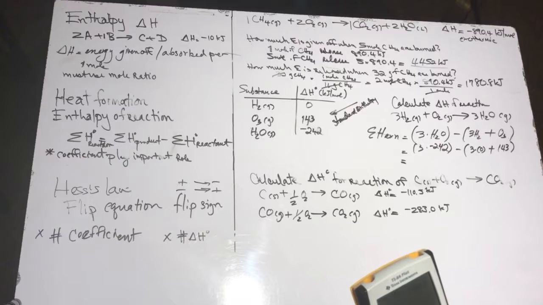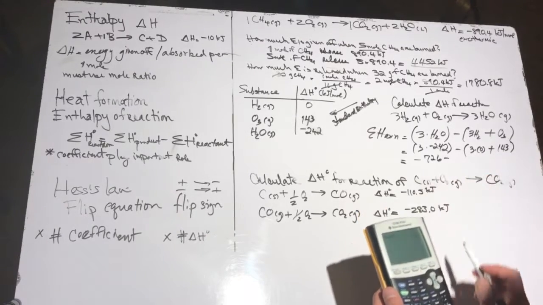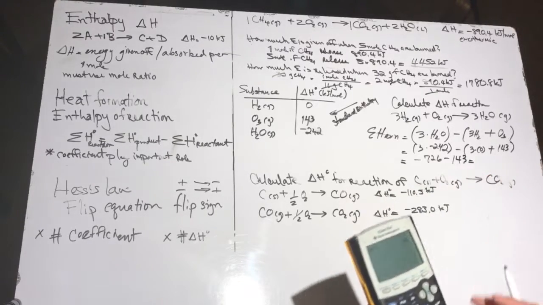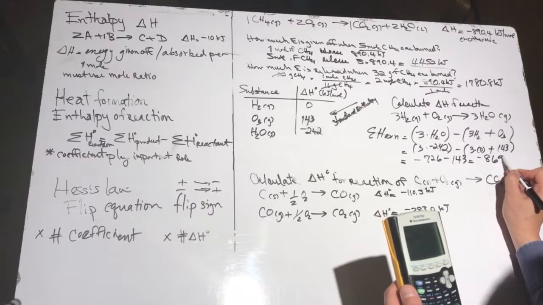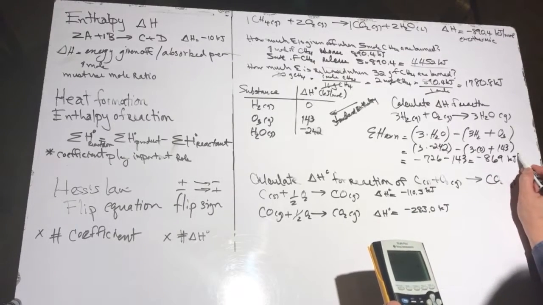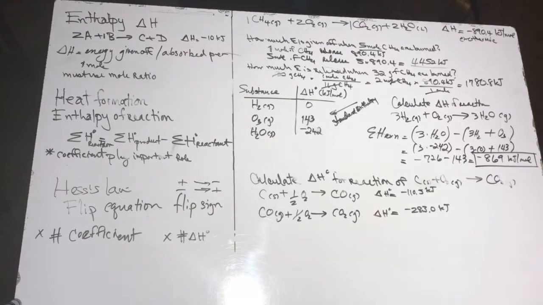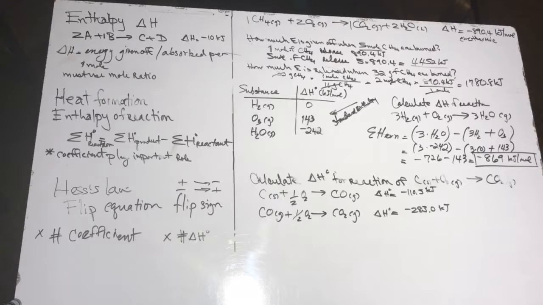Three times 242 gives you negative that. So you're going to have to add those 2 values. These are the values from our calculations. Basically this is an exothermic reaction because of that.